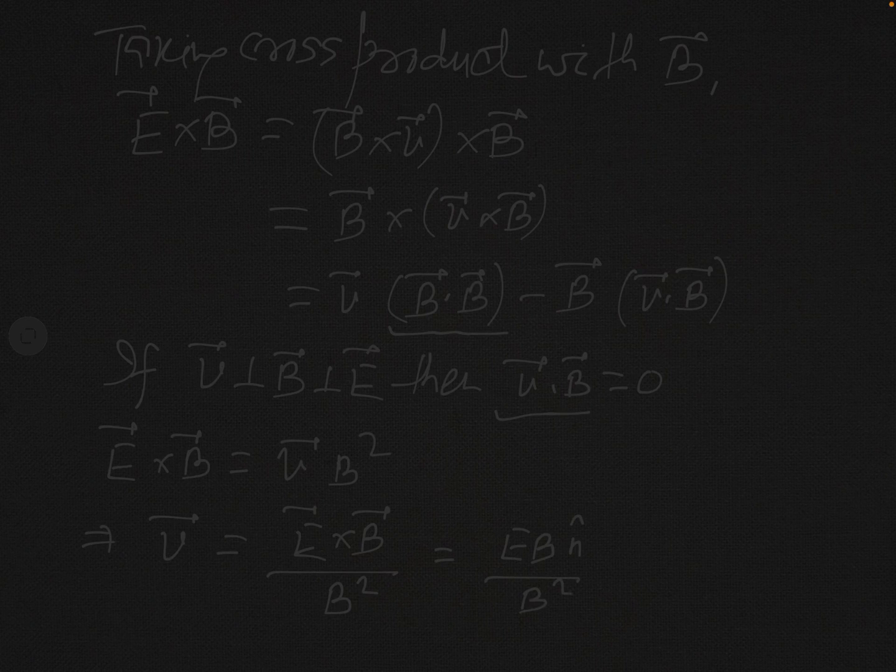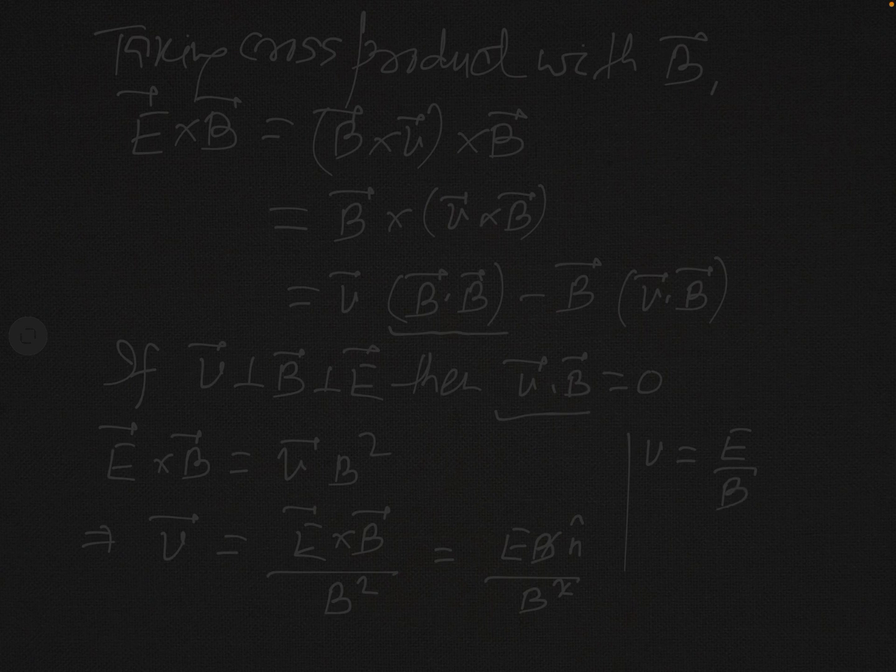In fact, in this condition, we define a particular value of velocity, this V, which is due to the electric field drift of the guiding center. And the magnitude of this drift will be equal to E by B. One B will cancel from here, so this V is simply equal to E by B. Actually, this is the drift velocity, and this drift velocity is also known as velocity selector.